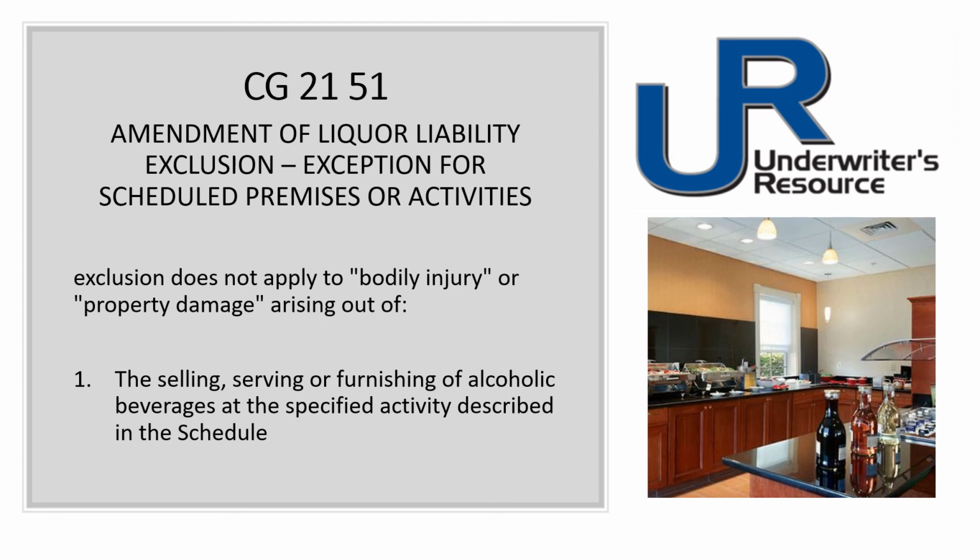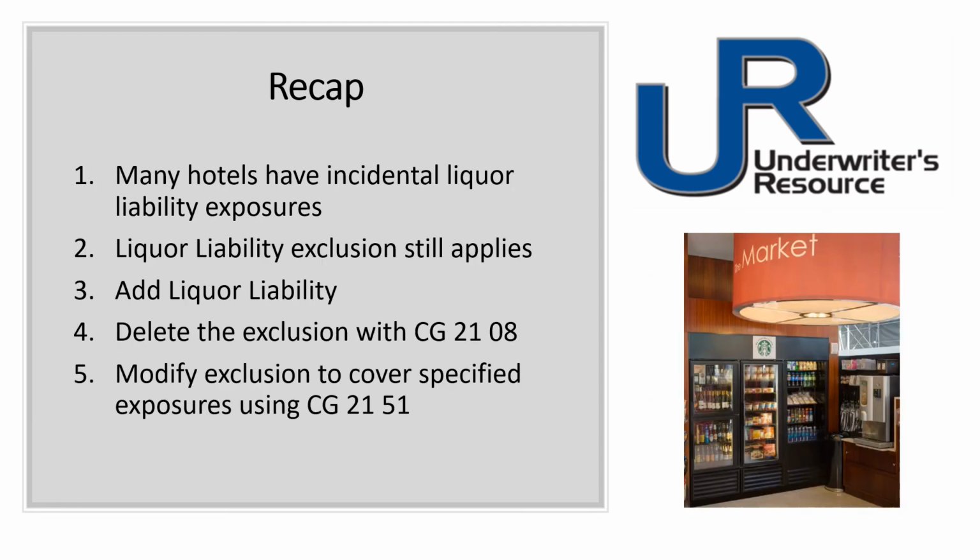It's also something that an underwriter can be more granular about, as far as what they're actually allowing the insured to do. So to recap, many hotels do have an incidental liquor liability exposure even if they don't have restaurants or bars. The liquor liability exclusion would still apply.